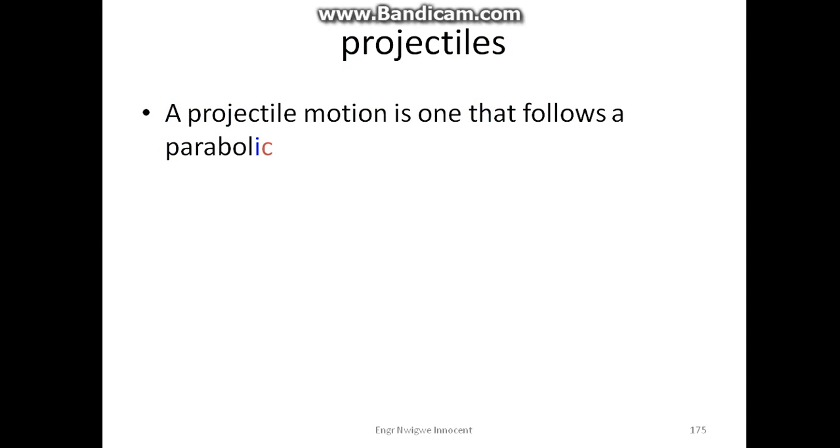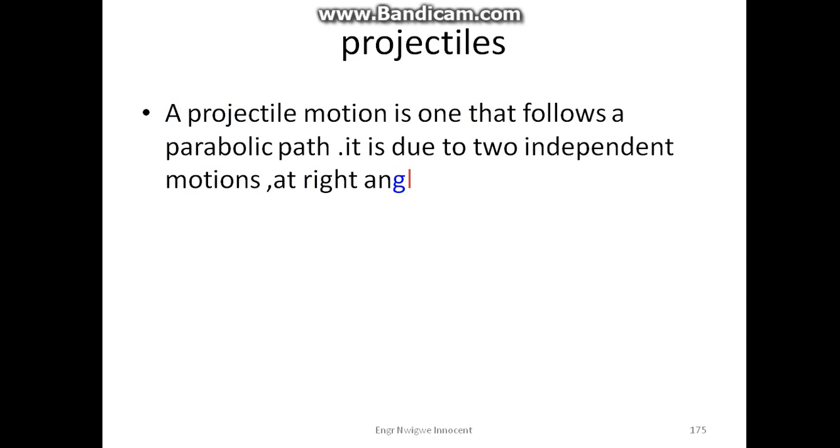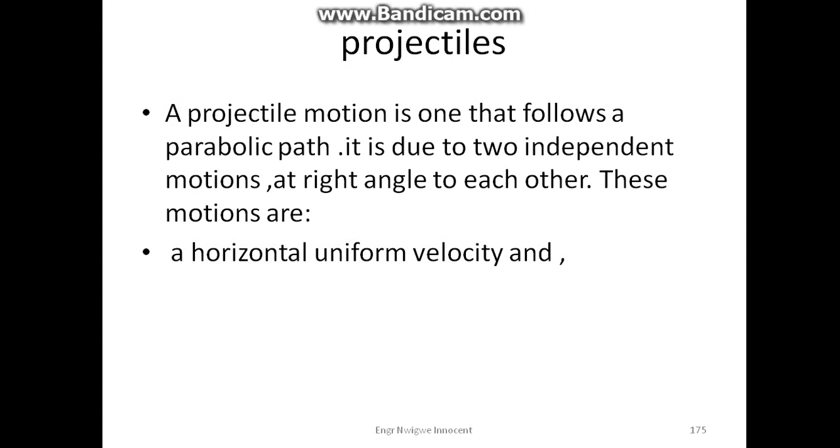Projectile. A projectile motion is one that follows a parabolic path. It is due to two independent motions at right angles to each other. These motions are a horizontal uniform velocity and a vertical free fall due to gravity.